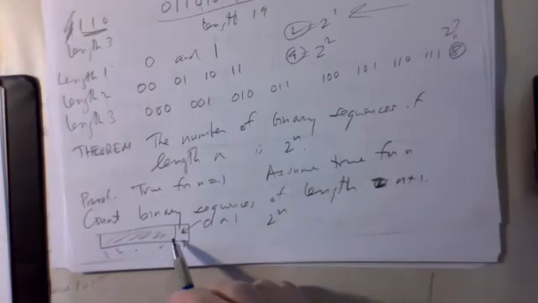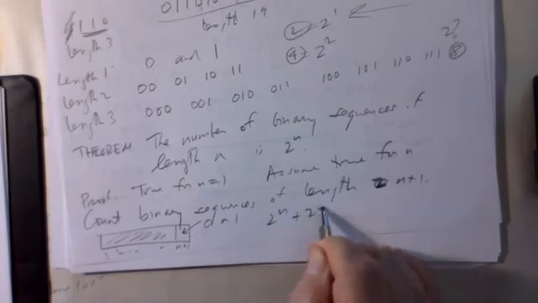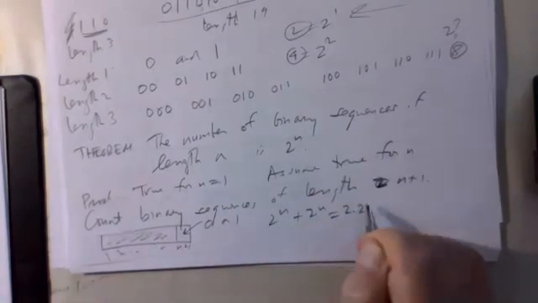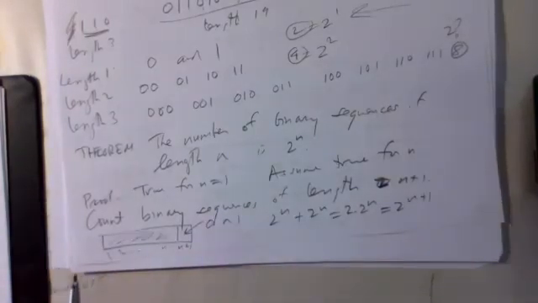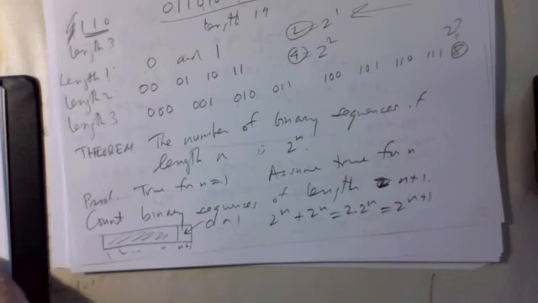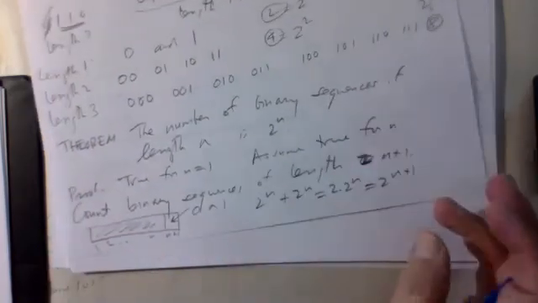The number that end in a 1 is 2 to the n. When you add, you get 2 times 2 to the n, or 2 to the n plus 1. So that is the argument, and it's written down in the notes, so it's easy to find and follow.